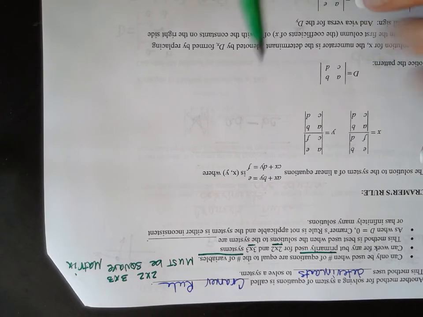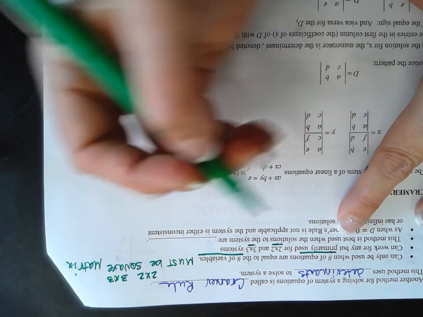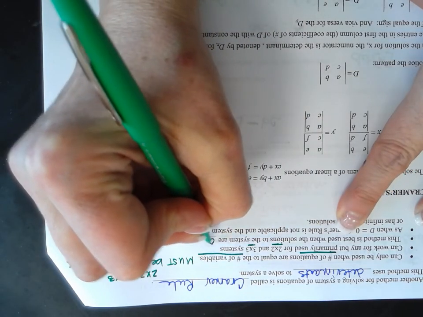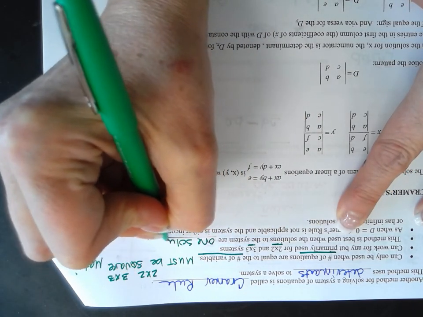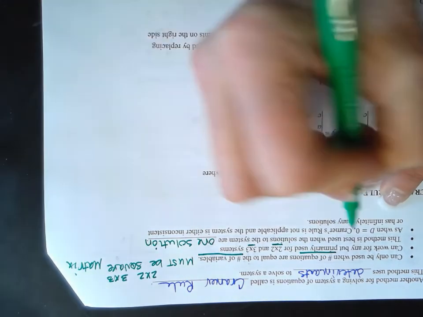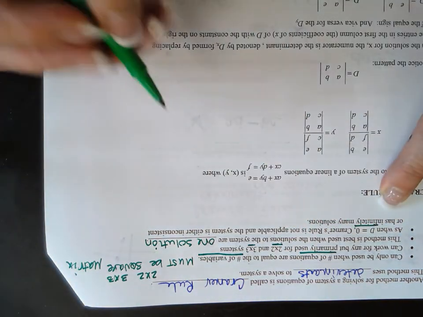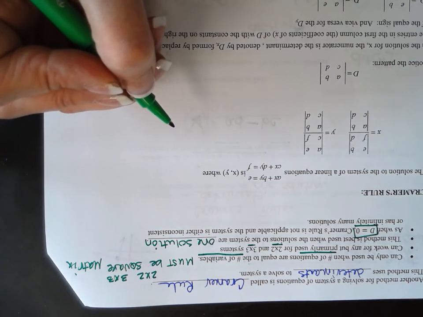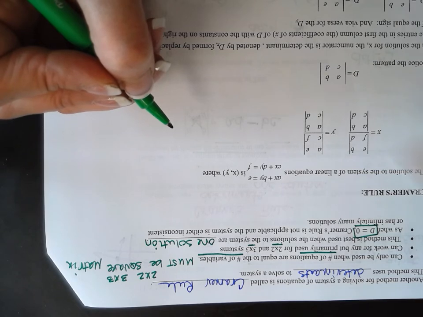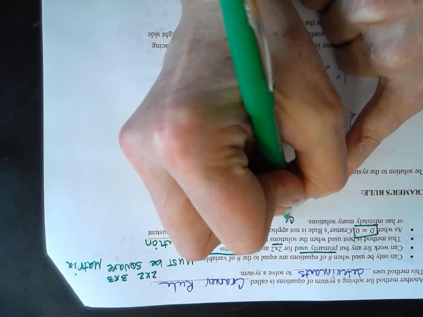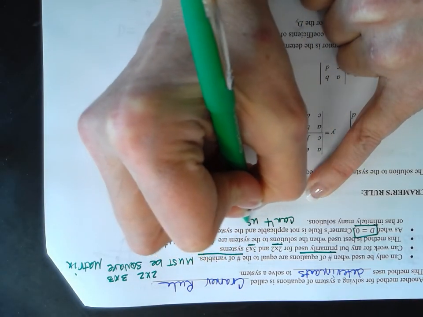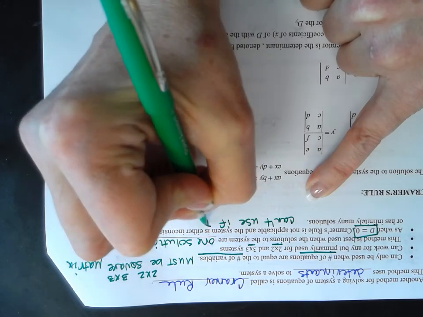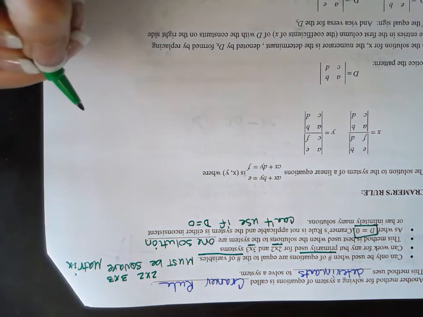So we need to use it when there is one solution. But if you get D equal to 0, that means it doesn't work. It's unstable, and so you can't use it. If your determinant equals 0, you can't use it.